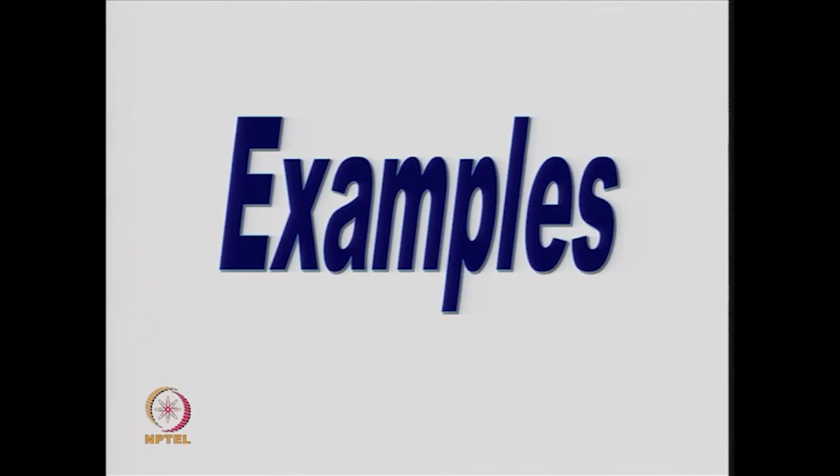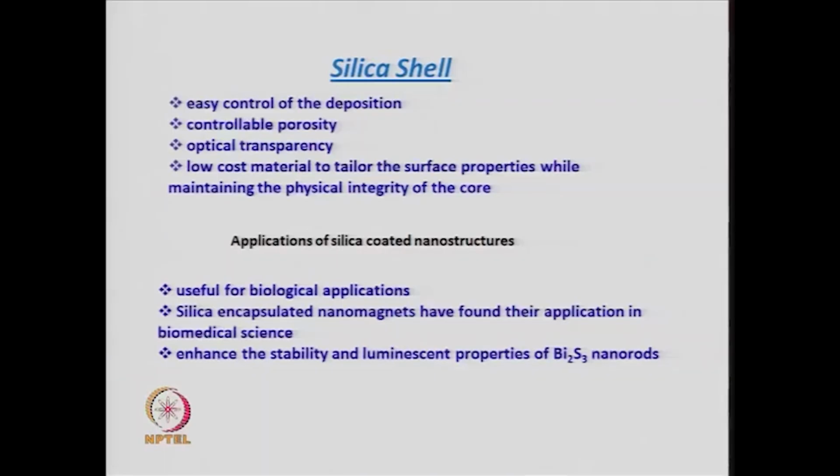Now, let us look at some examples of core shell structures. You can choose from many thousands of examples of core shell structures which have been synthesized over the last 10-15 years, and we will choose some selective examples to give you a feeling of the type of core shell structures that people are discussing today. First, one of the most important shell making substances is silica, SiO2.